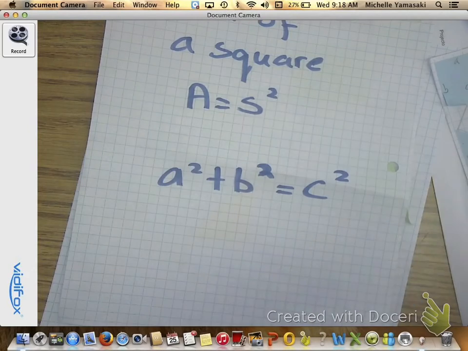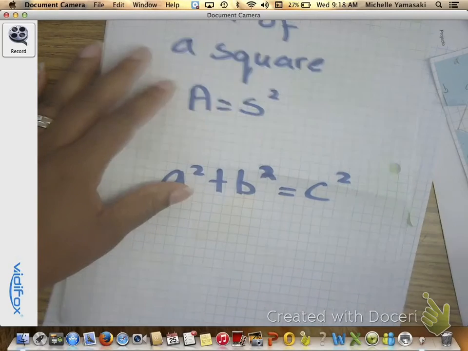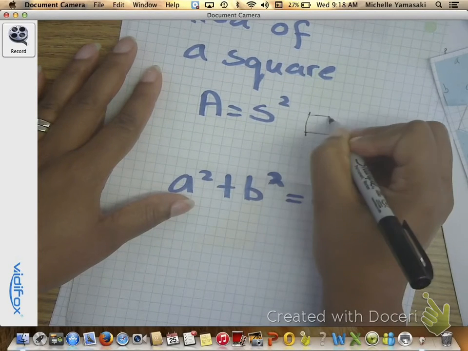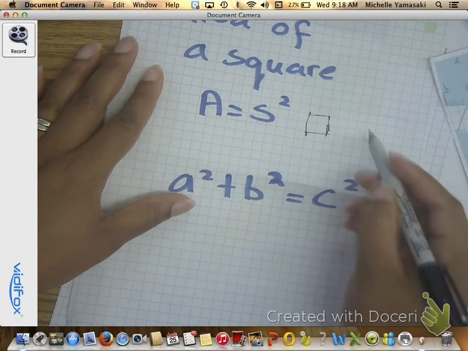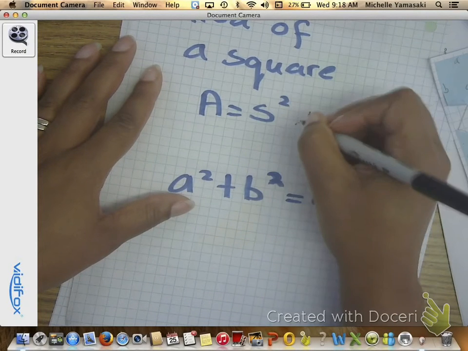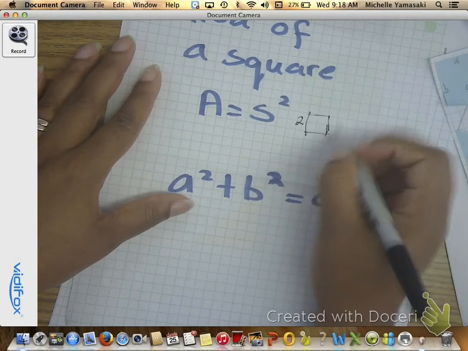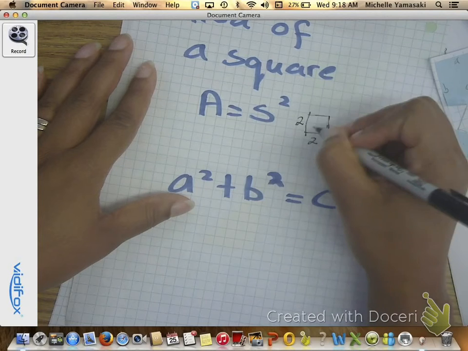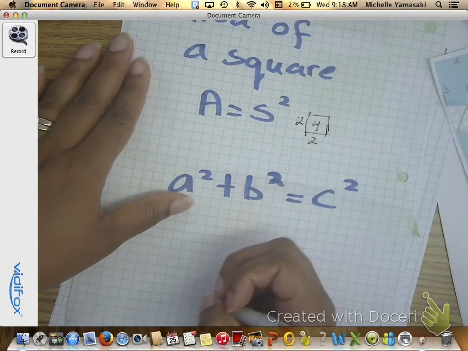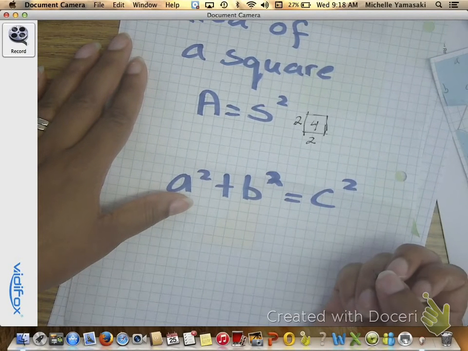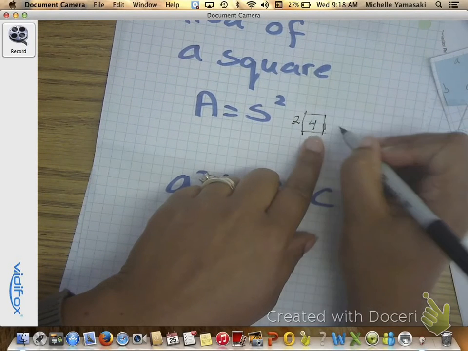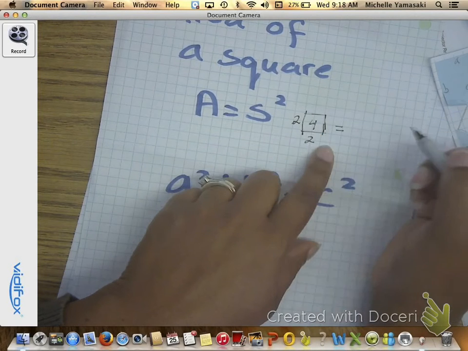There's one more thing I want to check before we get started. If I have a square, and this is 2 units, then the other side has to be how many? 2. Okay. So what's the area? 4. If I ask you to write an expression for this area, instead of just giving me the numerical value, what expression could I write?